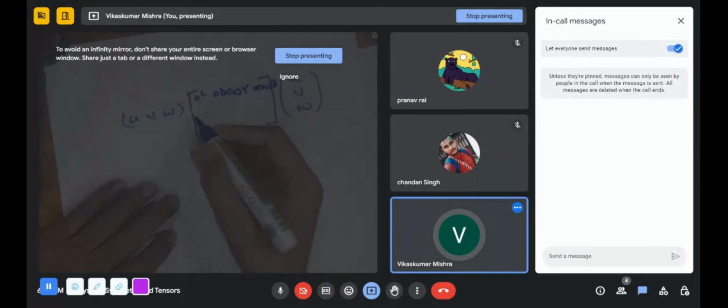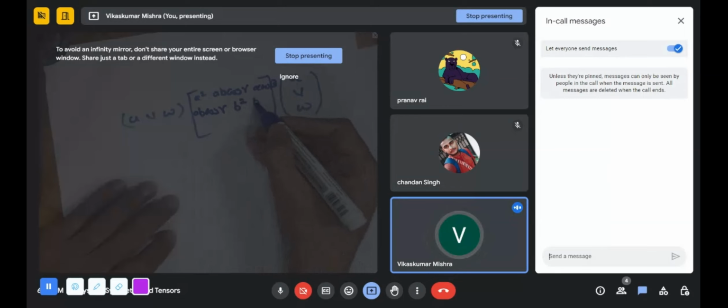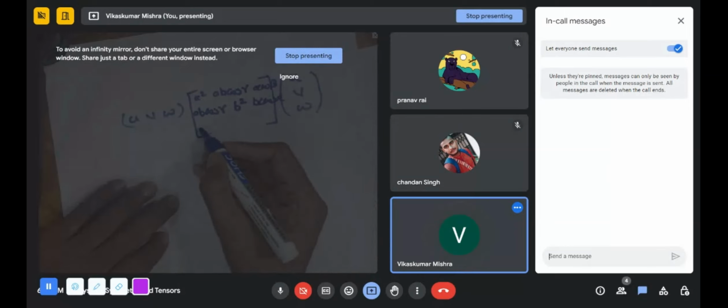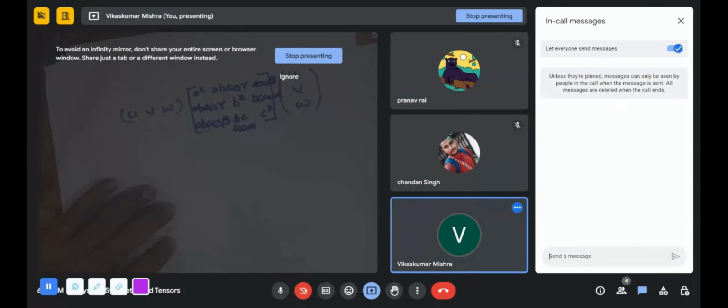Here it will be AB cos of gamma, B square, BC cos of alpha, AC cos of beta, BC cos of alpha, and C square. I hope it is clear. It's not that well written, but I hope it will do.